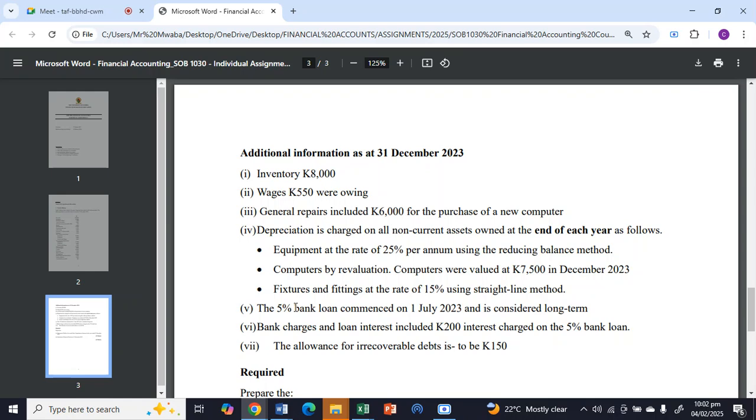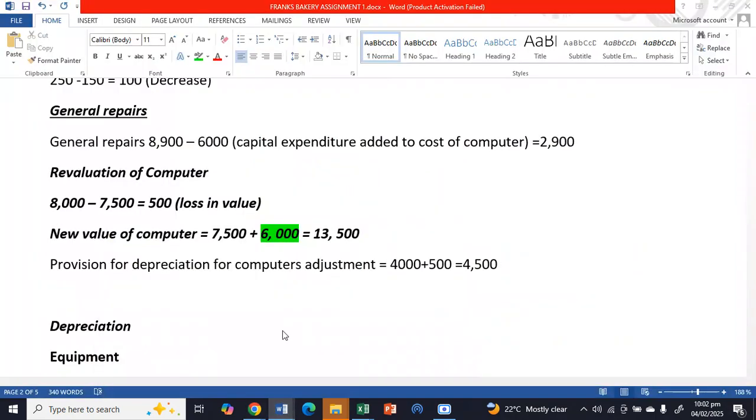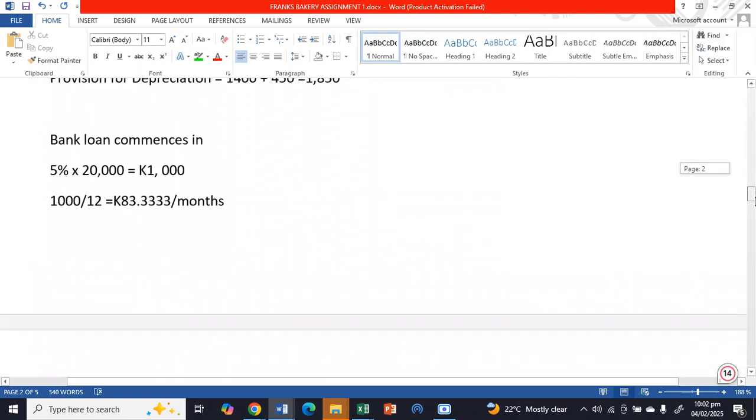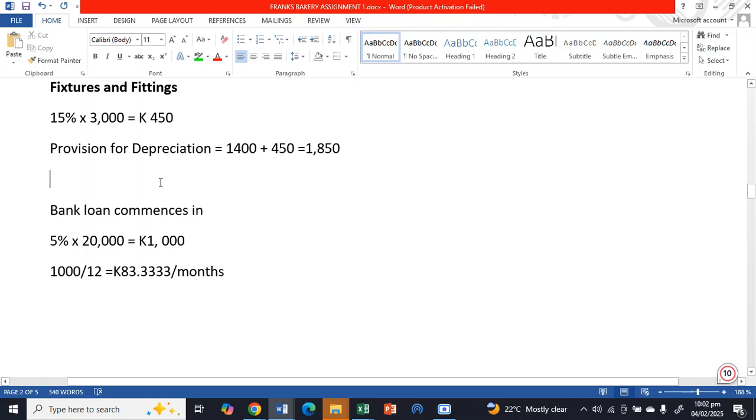Colleagues, this is what you do. You count from July 1st to 31st December. How many months are those?